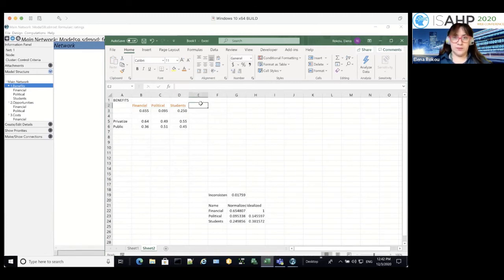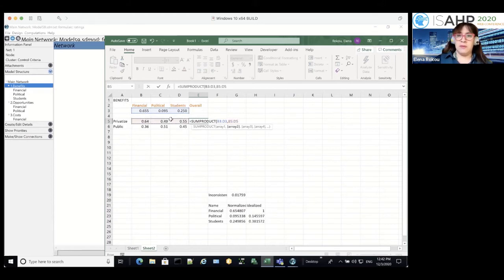Now, how do we actually calculate the overall results? At this point, it's a sum product, really. That means that I'm going to multiply the first weights, the financial, political, students, by each of the privatized sections.